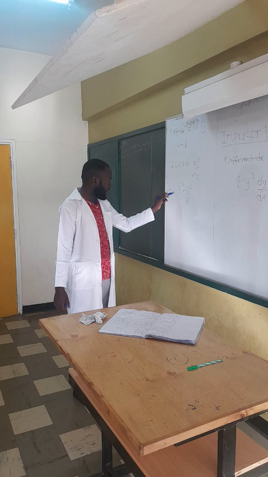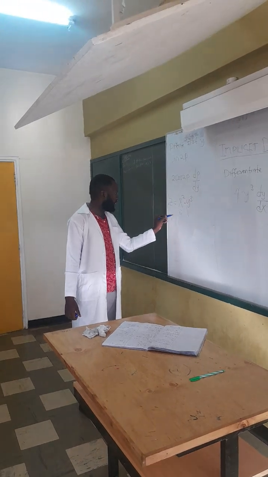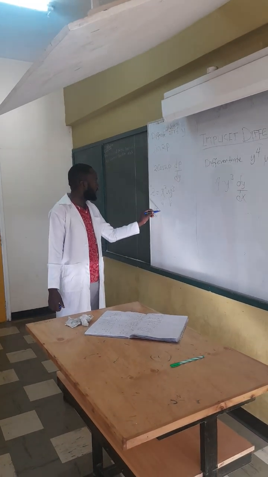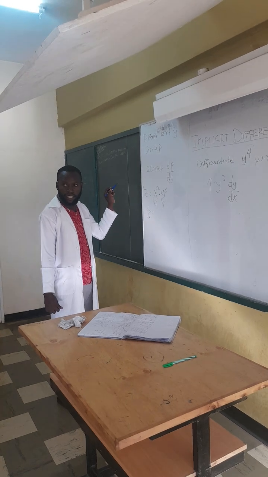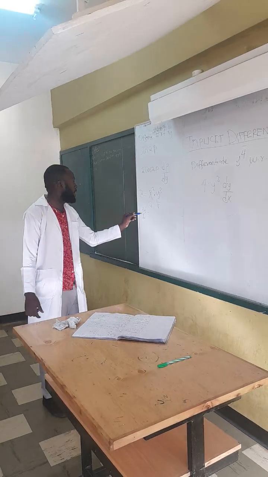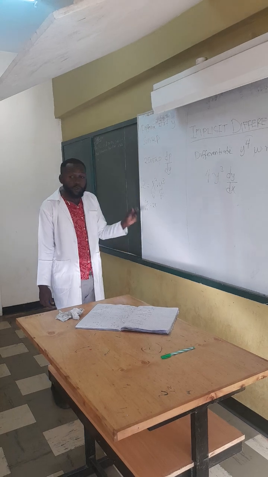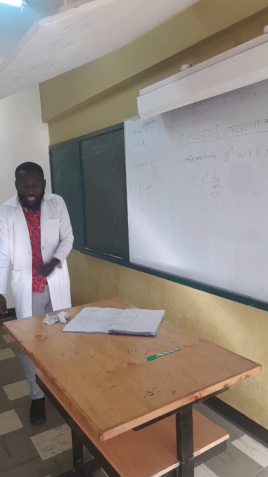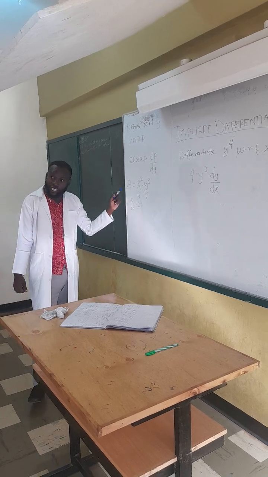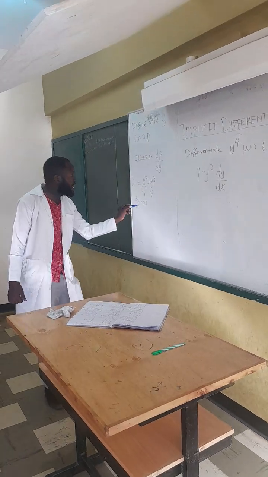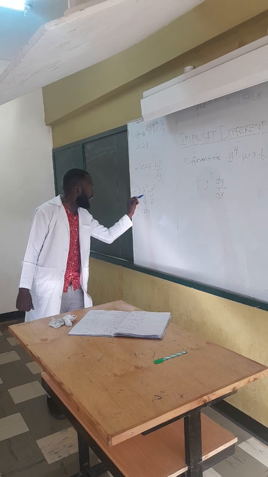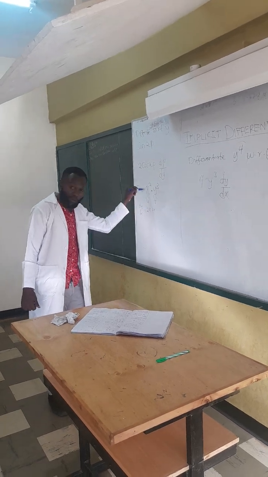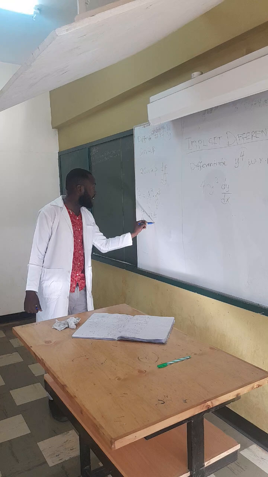So let us find du dy here. du dy will be 2x. But you know we are differentiating this function with respect to y. And this is a variable x. It does not have any component of y. So we add dx dy.